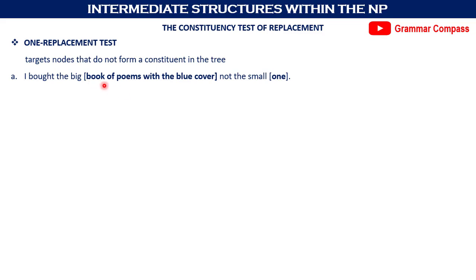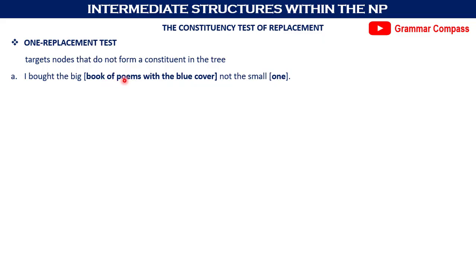So it means that book of poems with the blue cover forms a constituent. Therefore, if we take the whole noun phrase, that is the big book of poems with the blue cover, book of poems with the blue cover forms a constituent because it can be replaced with one. I bought the big one.